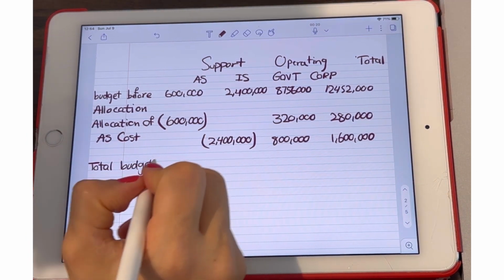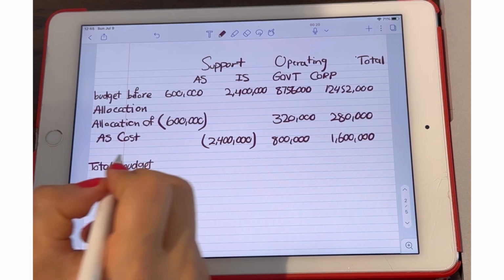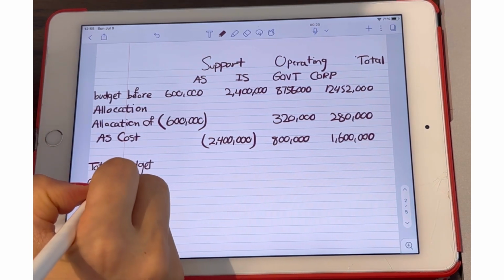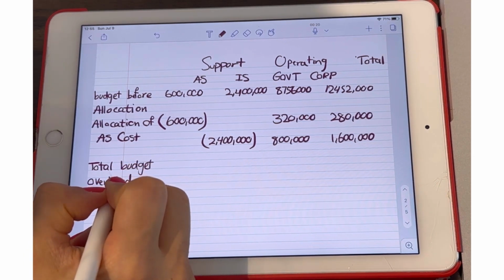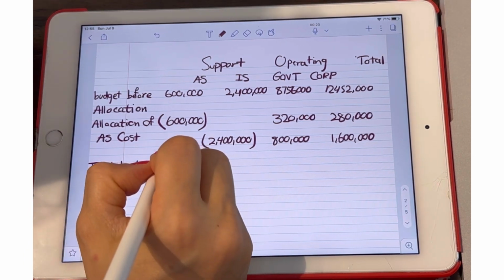So the total budget here, we have $0 total budget under support costs for both AS and IS.